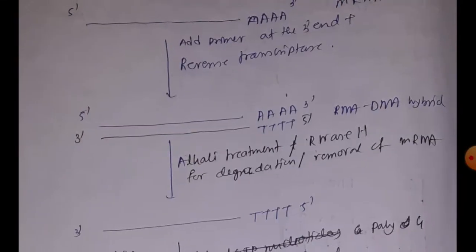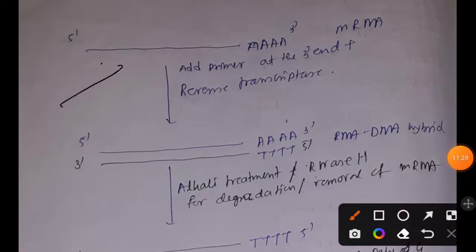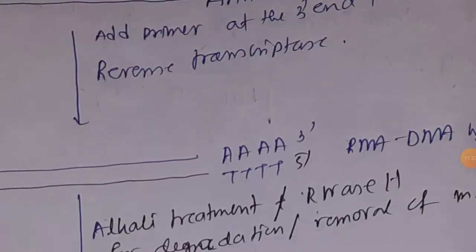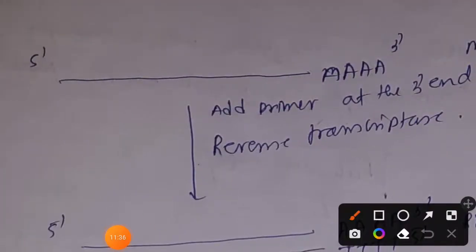Now we have the mRNA molecule. See very carefully what we will do. We will add a primer at the 3' end of the mRNA molecule.